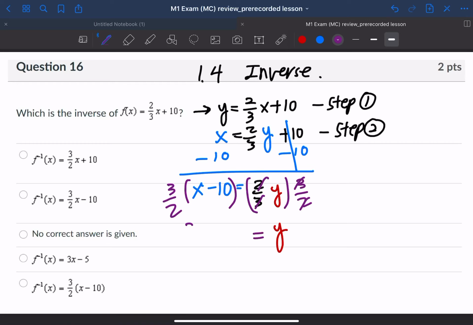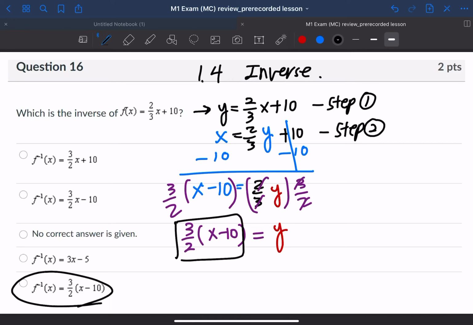Left hand side, I have 3/2 parenthesis x minus 10. Usually we distribute, right? But in this case, we don't have to distribute because I see our answers right here. So in this case, we don't have to distribute. If you don't see your answer, you have to distribute and simplify your fractions.